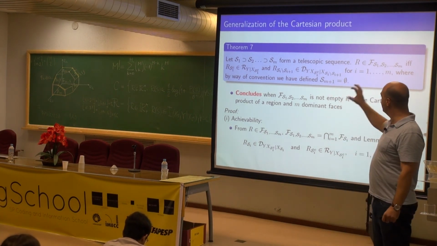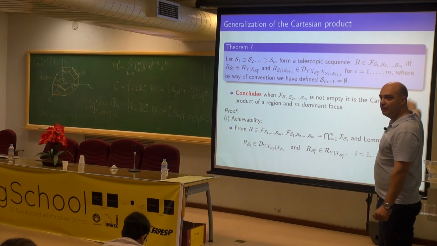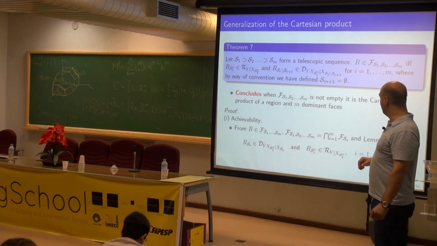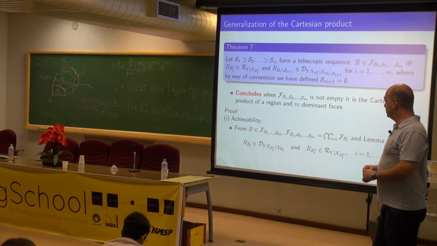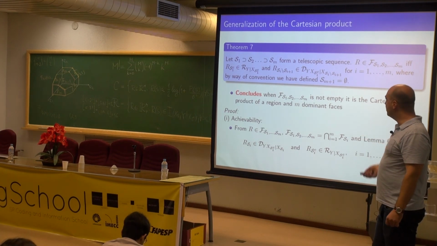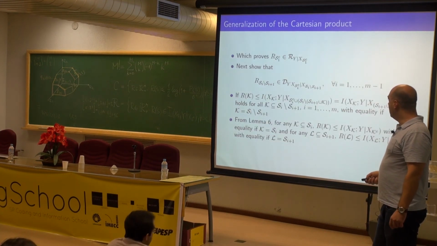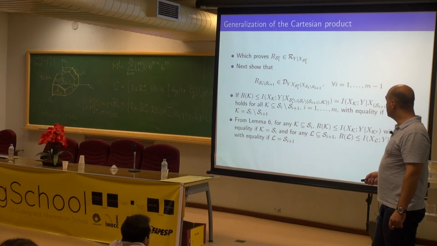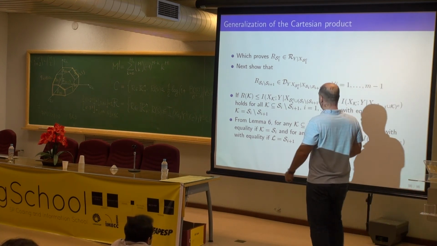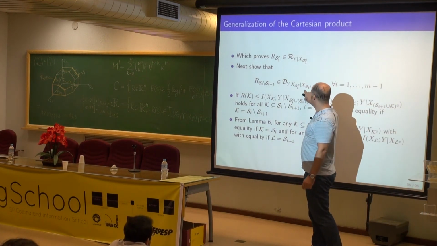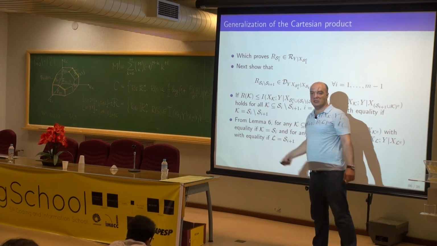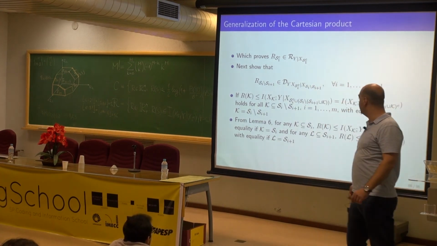And this is cool. It's always rigid, and plenty of dominant faces in the lower dimension. And the proof again follows the previous proof. So you just have to do it for every one of these increments, but it's just a matter of notation here.